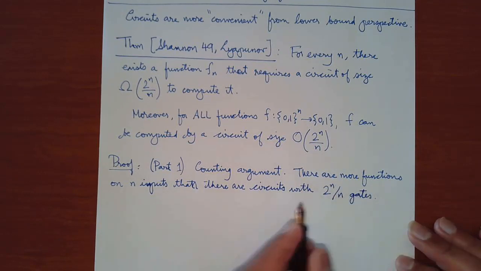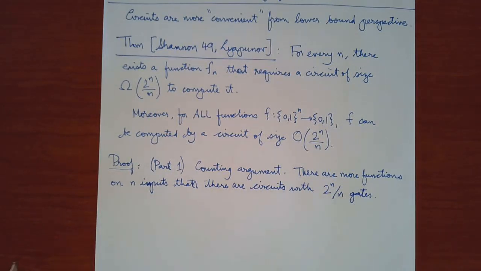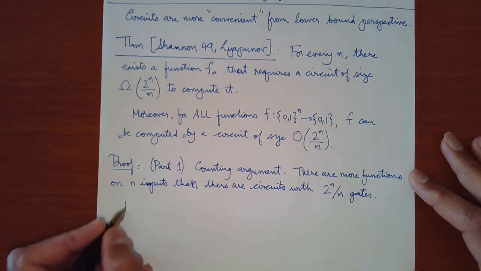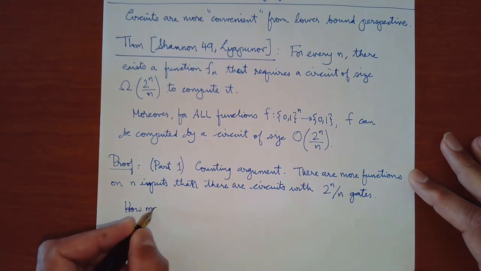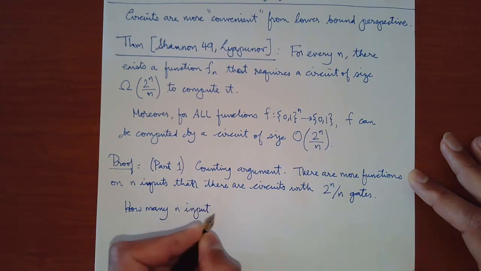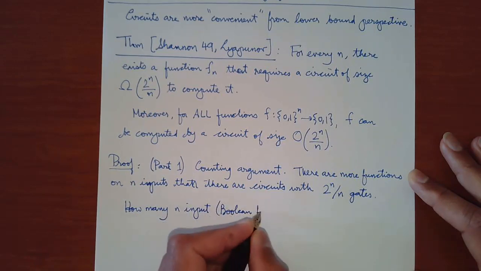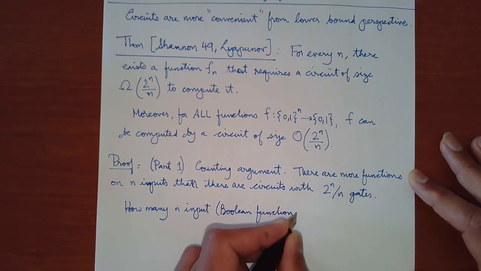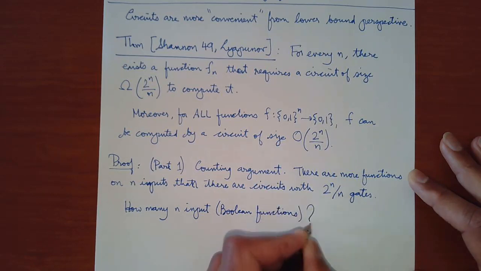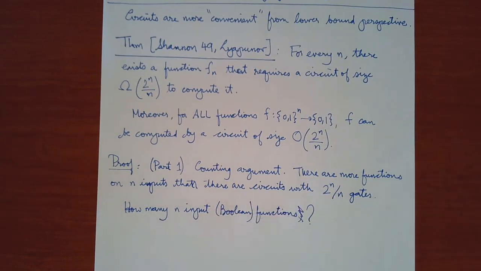So if there are more functions than circuits, then obviously there has to be a function that cannot be computed by the circuit. Okay, so let's start with the first part. How many n-input Boolean functions? So how many functions on n bits are there?